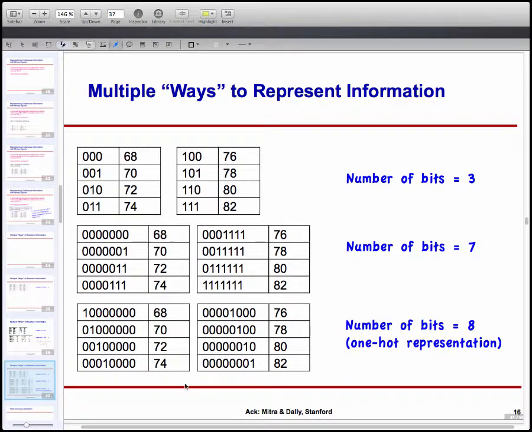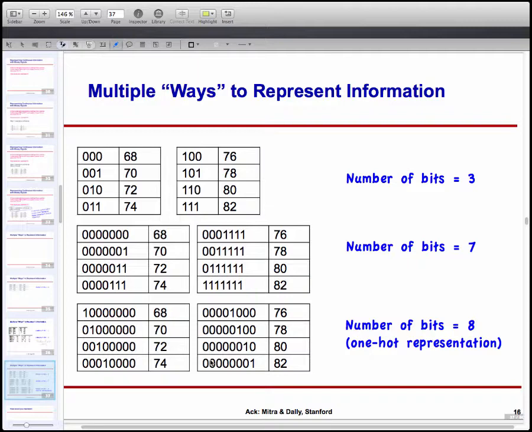It turns out this kind of representation also makes certain operations very easy. But the disadvantage is that instead of log 2 n bits, I need n bits. So it can be very wasteful in terms of cost of storage or cost of communicating the bits across some distance.